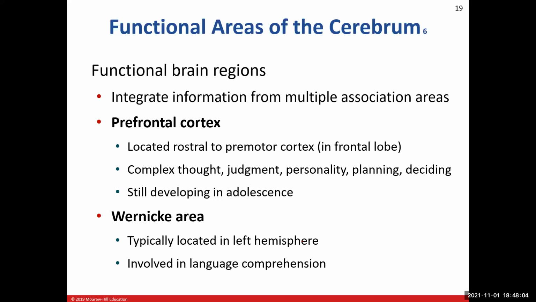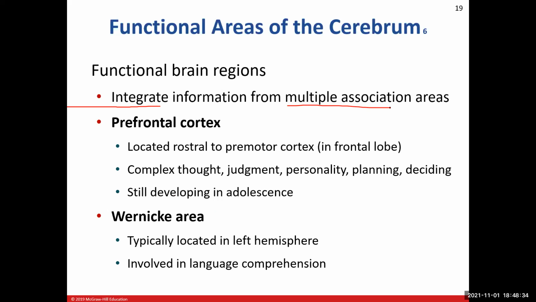And then while you're eating that hot dog, you're smelling and tasting it. So you're going to be using the temporal lobe too, in addition, for the smelling. And for the taste, you're going to be using the insula. So your brain is going to have to integrate all this information that's coming from many association areas in different cortices or lobes of your brain.